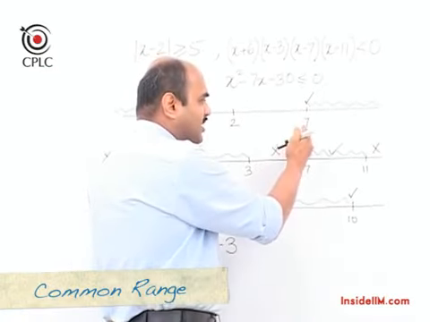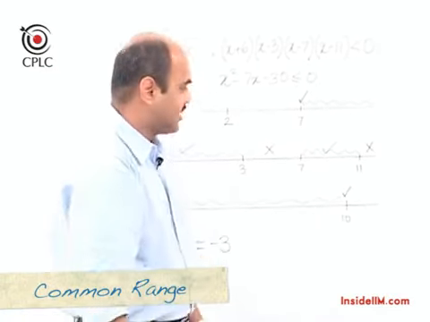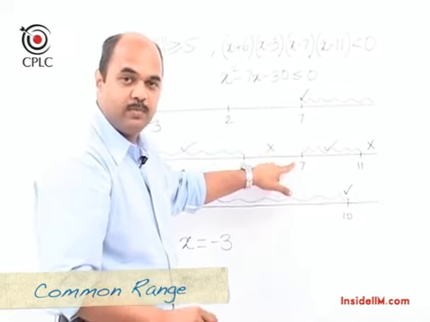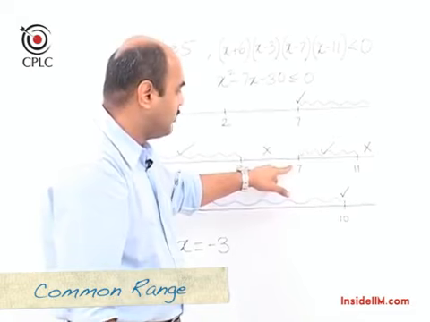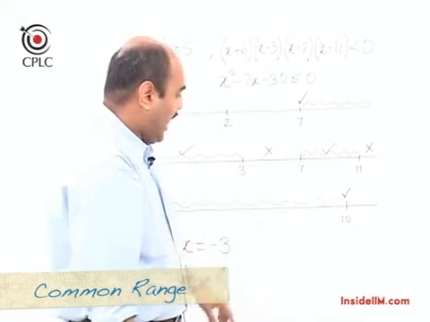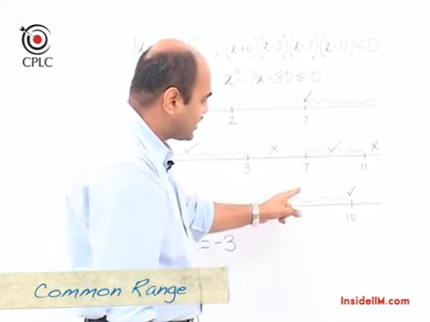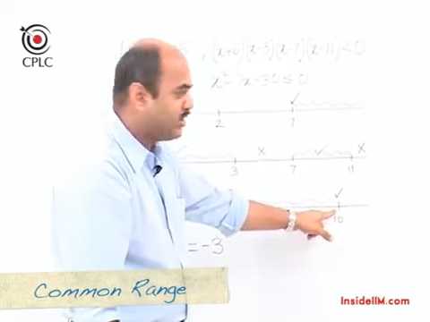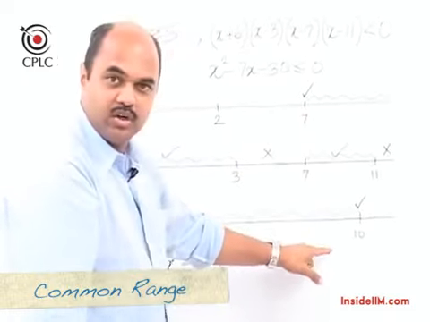Let's now look at x greater than or equal to 7. When I look at the second graph, x cannot be equal to 7, it can only be greater than 7. And x greater than 7 up to 10 is also common with the first and the third graph.